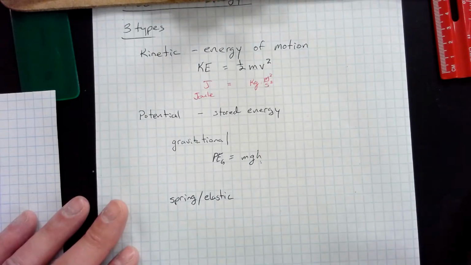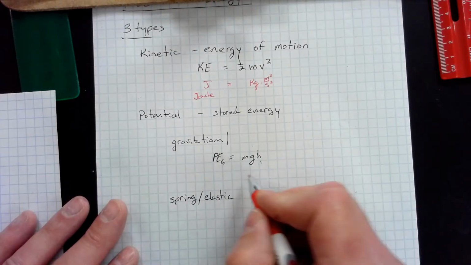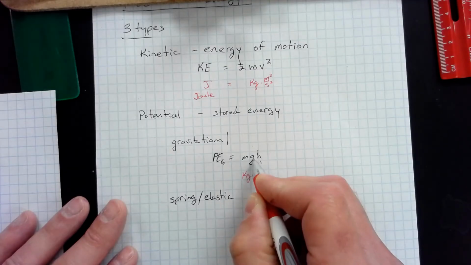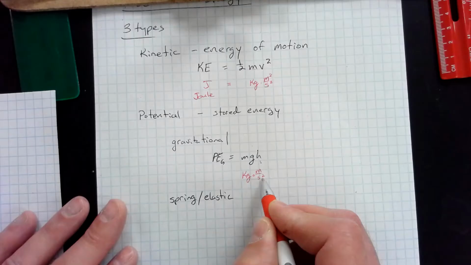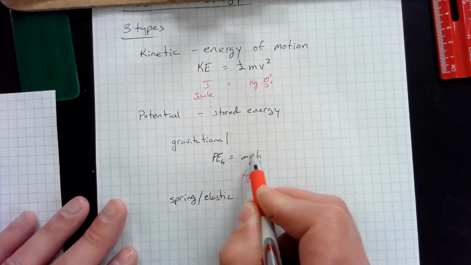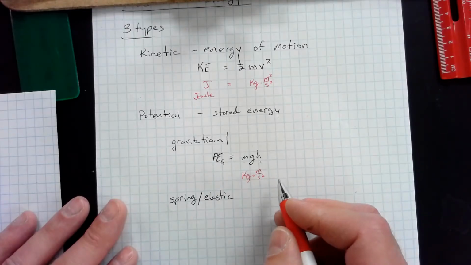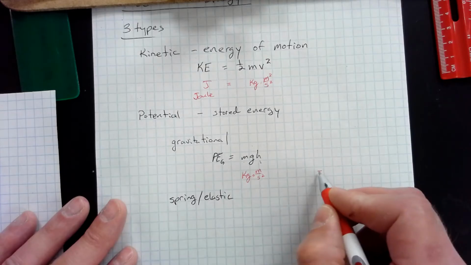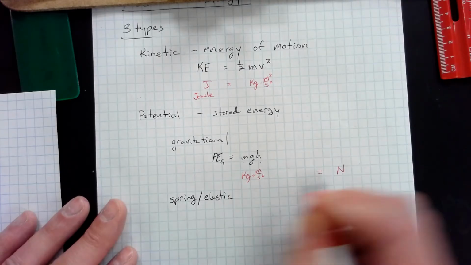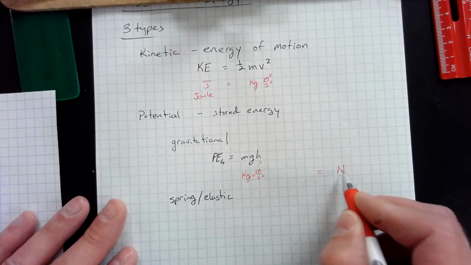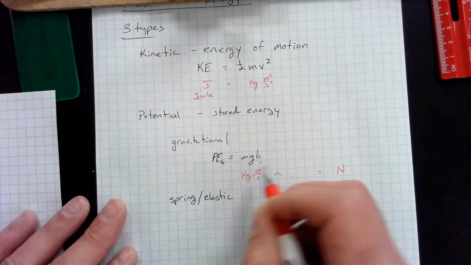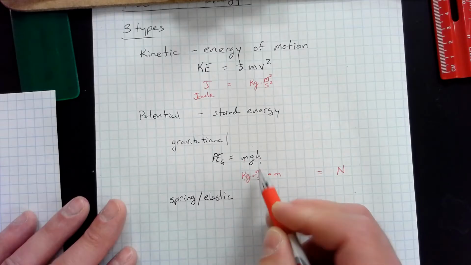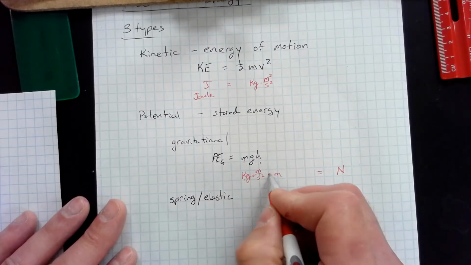Let's look at the units again. We have mass, kilograms. We have g, meters per second squared. Hey, there's that kilogram times meters per second squared that we were just talking about, which is a Newton. So kilogram meters per second squared is also equal to a Newton. And then we have the height, which is in meters. So kilograms, meters per second squared, meters, all multiplied together.